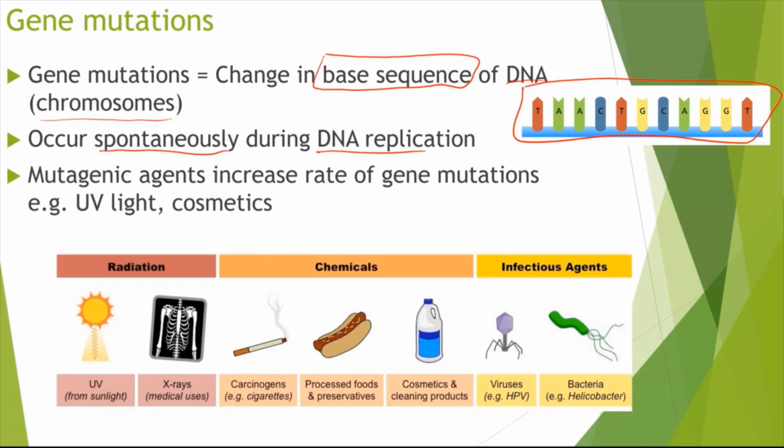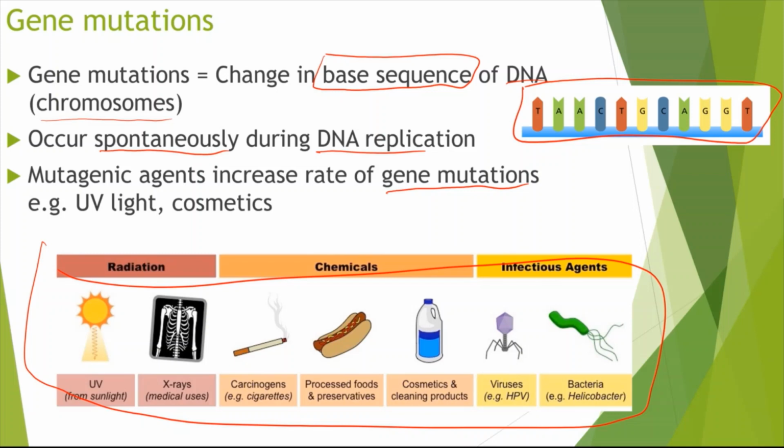Even though they occur randomly, there are some things called mutagenic agents which can increase the rate of these gene mutations. For example, UV light or cosmetics are also mutagenic agents.